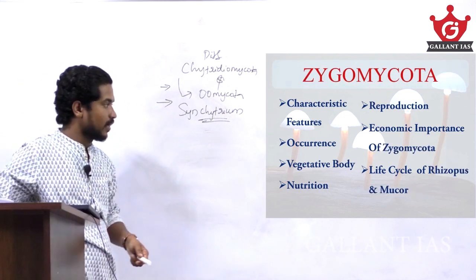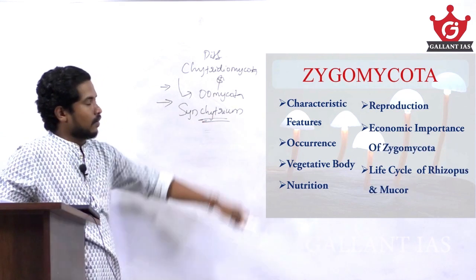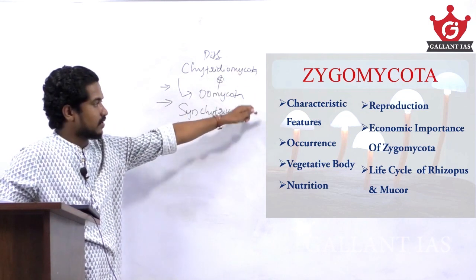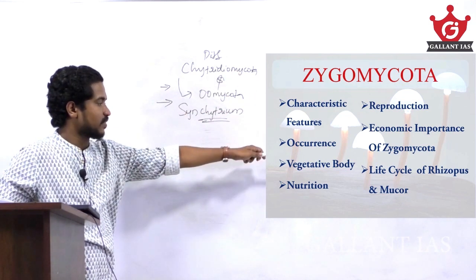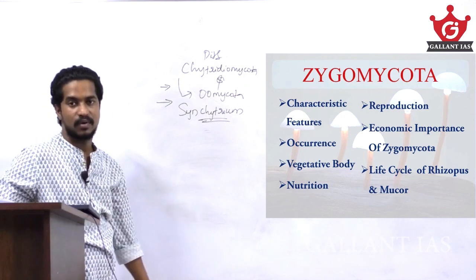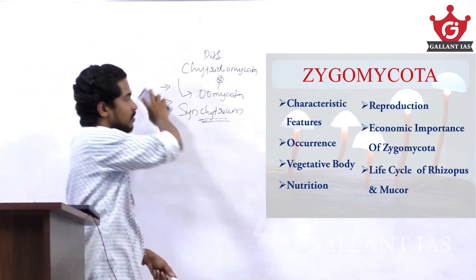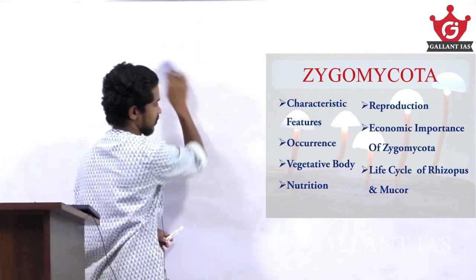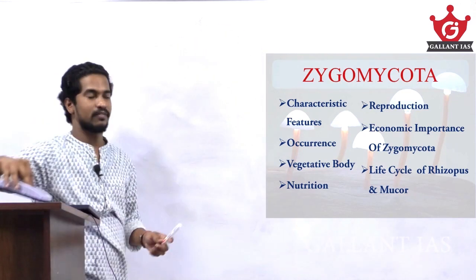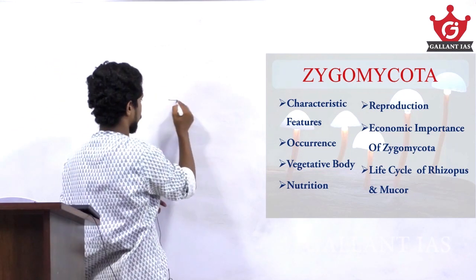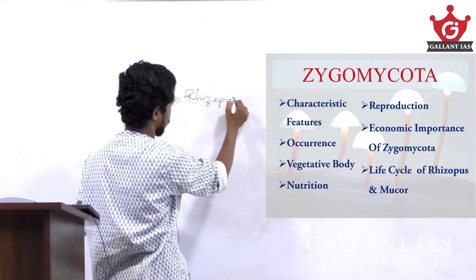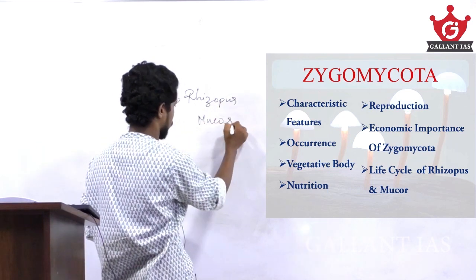And ZYGOMYCOTA. Under ZYGOMYCOTA, again note the characteristic features, occurrence, vegetative body, nutrition, reproduction, economic importance, and study in detail the life cycles of Rhizopus and Mucor.